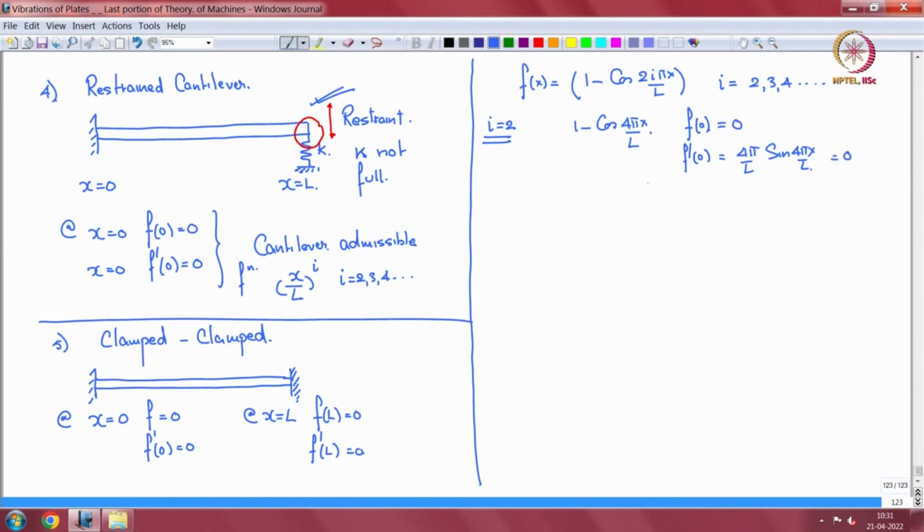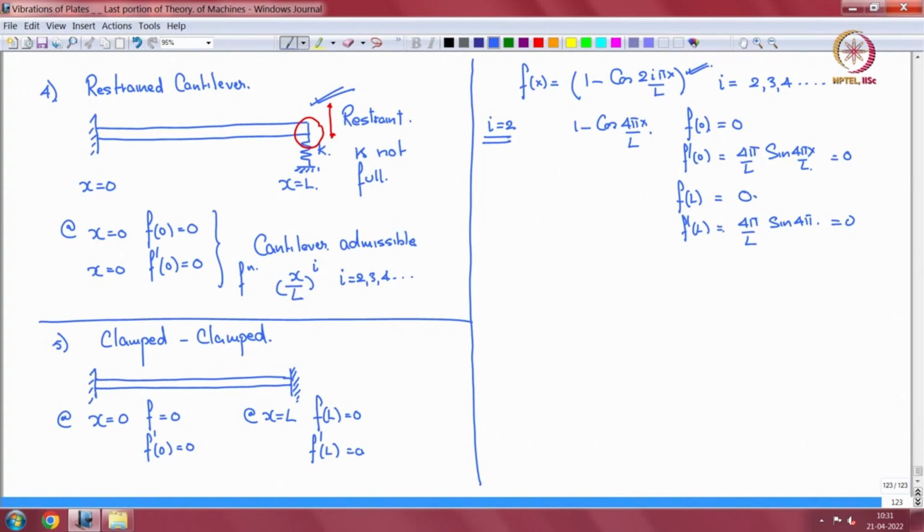Similarly, f at L is 0. Then f dash at L is again 4 pi by L sine 4 pi, which is 0. So these are a set of admissible functions.